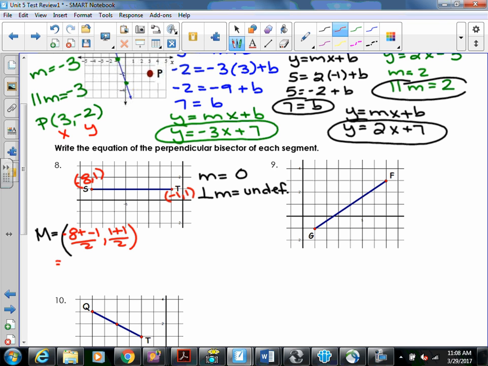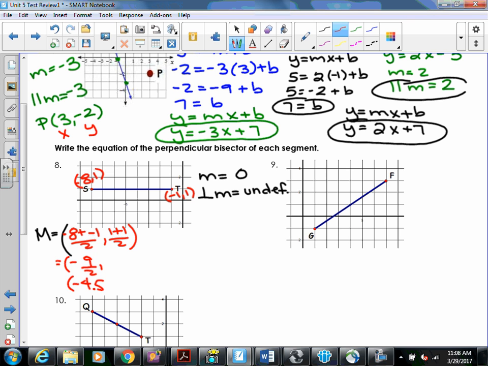Okay, so -8 plus -1 divided by 2. -8 plus -1 is -9. What is -9 divided by 2? Okay, so that's going to be -4.5.